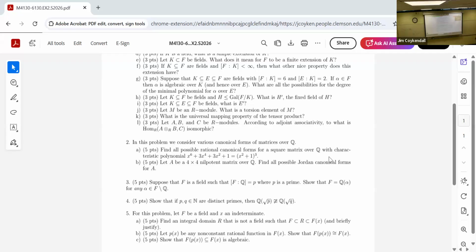Number 3 is very similar. Dr. Cordino, for 2B, what is an example that is not just zeros on the diagonal, ones on the super diagonal? Let's put it up in different block sizes, like the multiplicity.